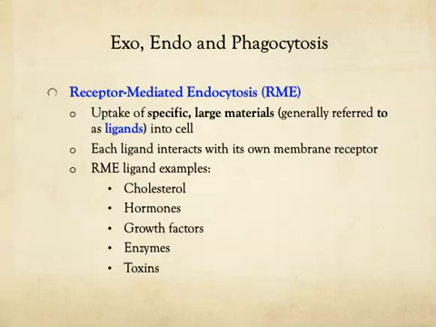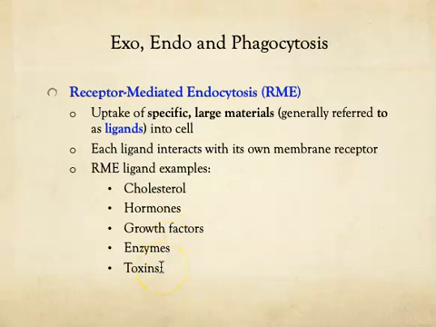Now let's look at some examples of the ligands that tend to come into cells through RME. One good example is cholesterol. Cells can take cholesterol in using RME. Various hormones can come into a cell through RME. Growth factors. Things like enzymes can be imported into a cell.